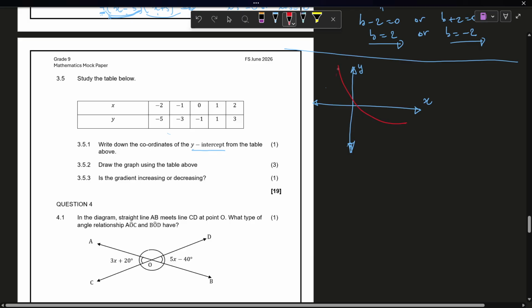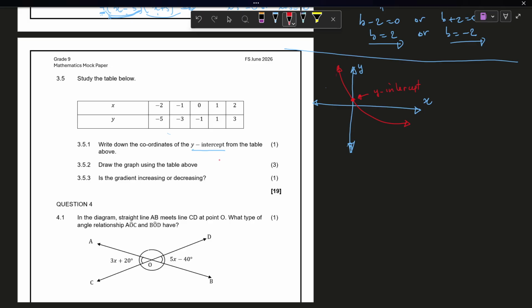The y-intercept is where this curve intersects with y. That point is what is called the y-intercept. Intercept simply means meet. Where this curve meets the y-axis, that's what y-intercept means.